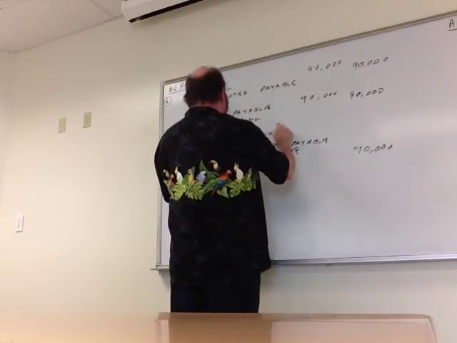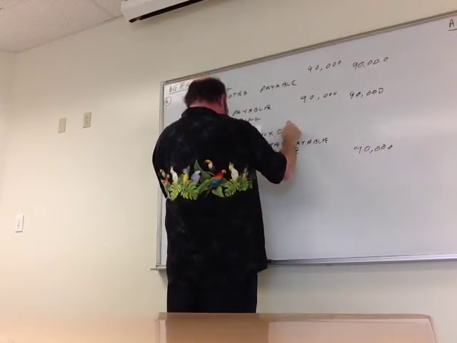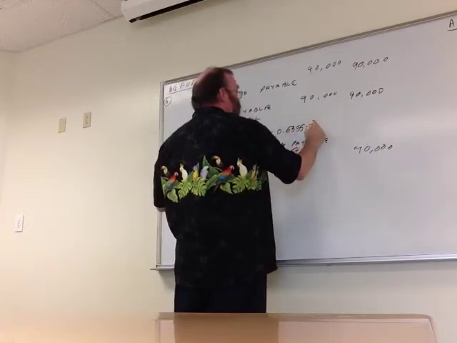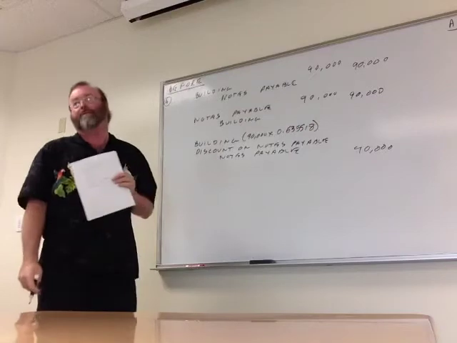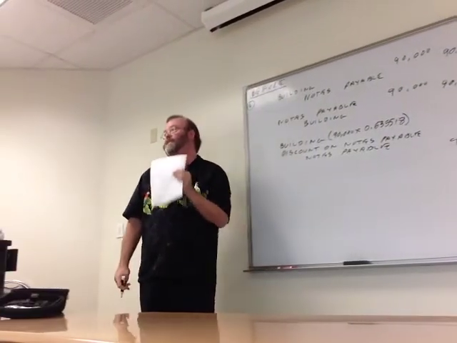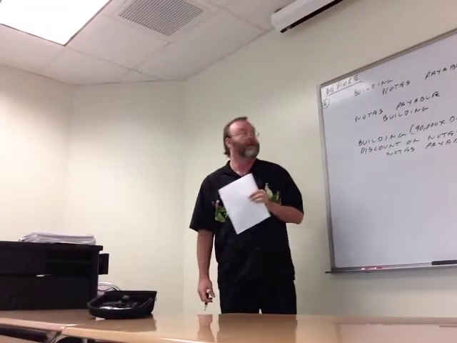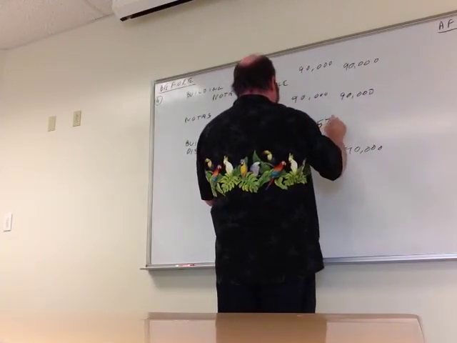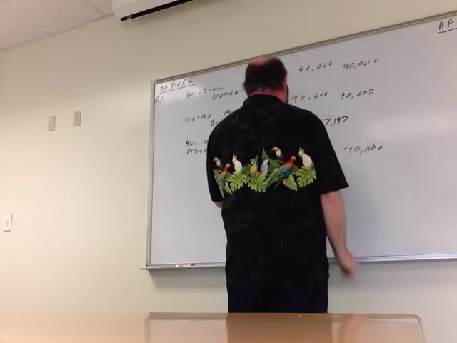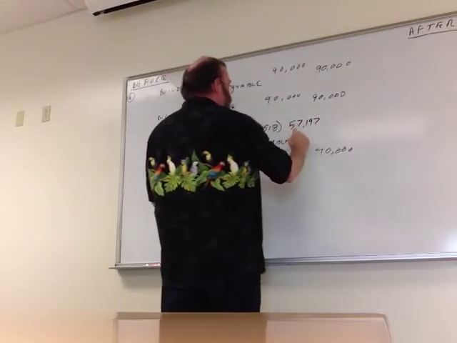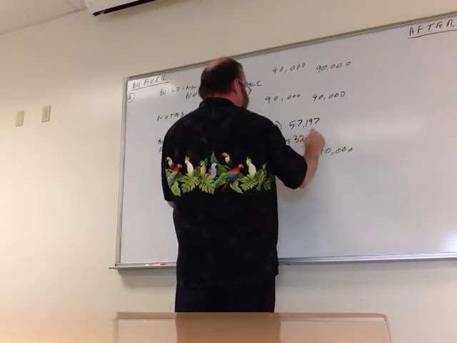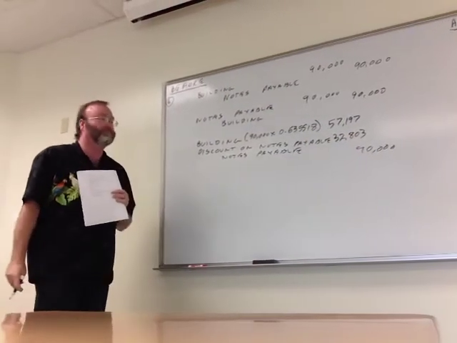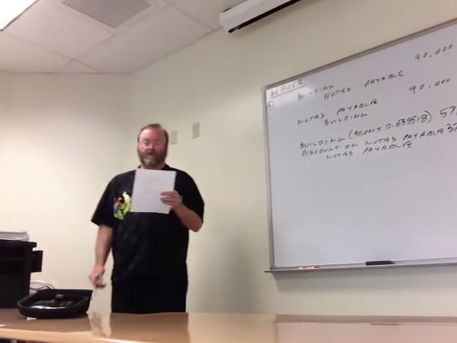And that factor is 0.635518 on table 3, the present value of a single dollar. And that will give you $57,197, which is a $32,803 discount on notes payable.